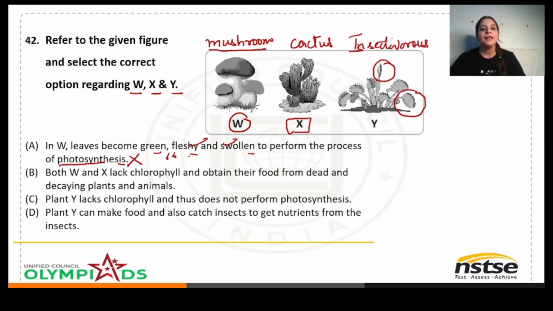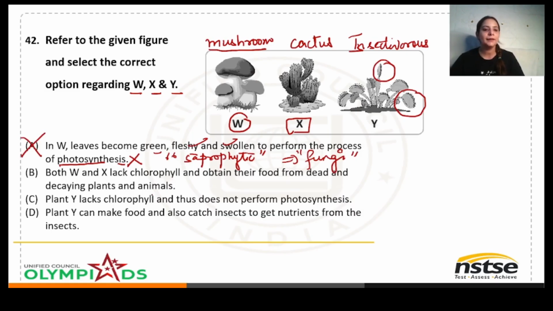The reason being, it is saprophytic in nutrition, that is, it feeds on dead and decaying body parts, because mushroom falls in the category of fungi, and fungi show a saprophytic mode. So that means this is incorrect.